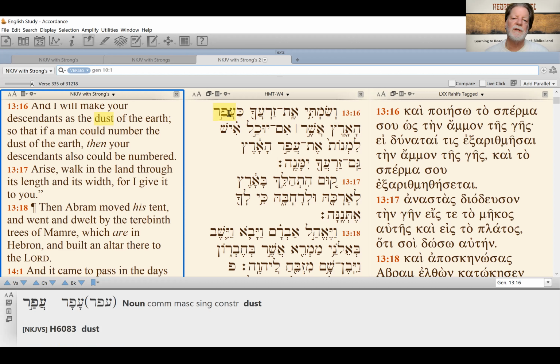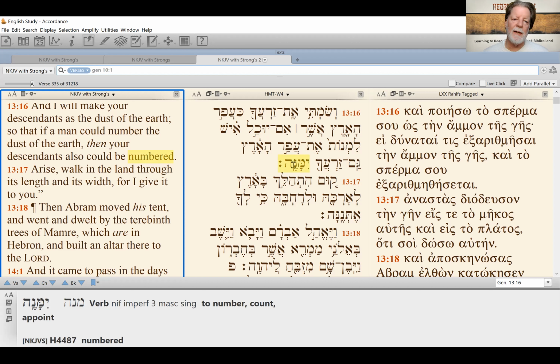Afar means the dust, or the grains of sand on haaretz. Asher, which, im yuchal, if an ish was able, limnot, mana, mem, nun, hey, means to count or number. It can also mean to appoint, so it has to do with calculations and stuff like that. Here it means counting. If a man was able to count the sand of the earth, then also zaracha yimne, he could count your descendants.